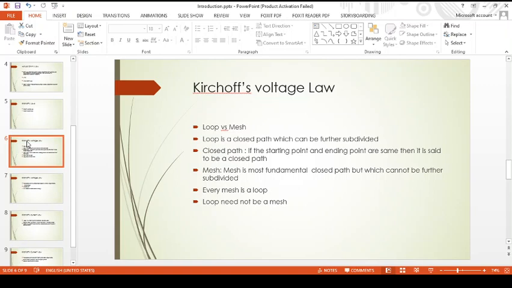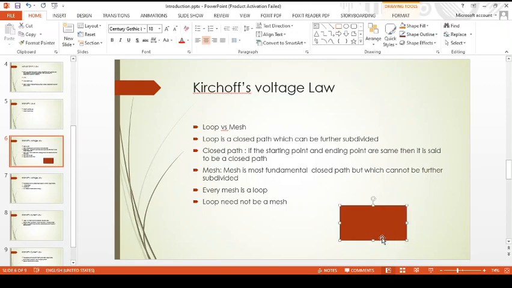If you draw a circuit, let me show you. I'm just showing with the example of a rectangular box. If you take a rectangular box with any closed circuit, this is a closed circuit, for example. When I say a closed path, it means the starting point and the ending point should be the same.